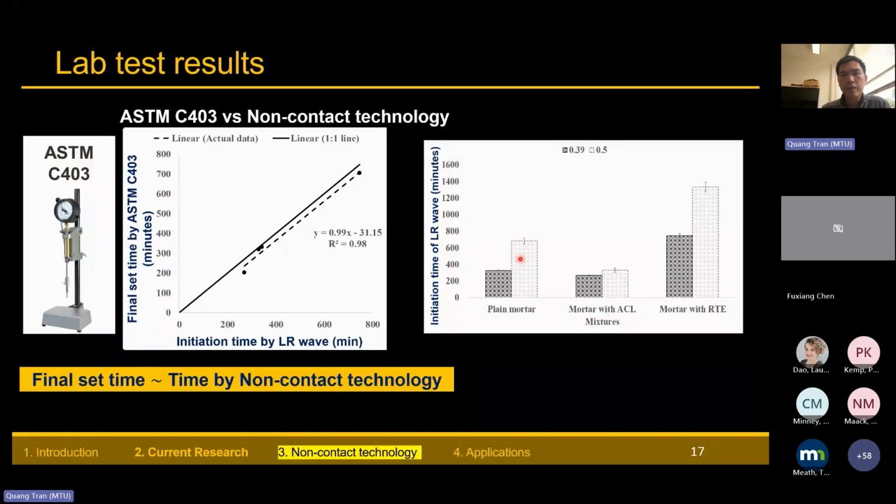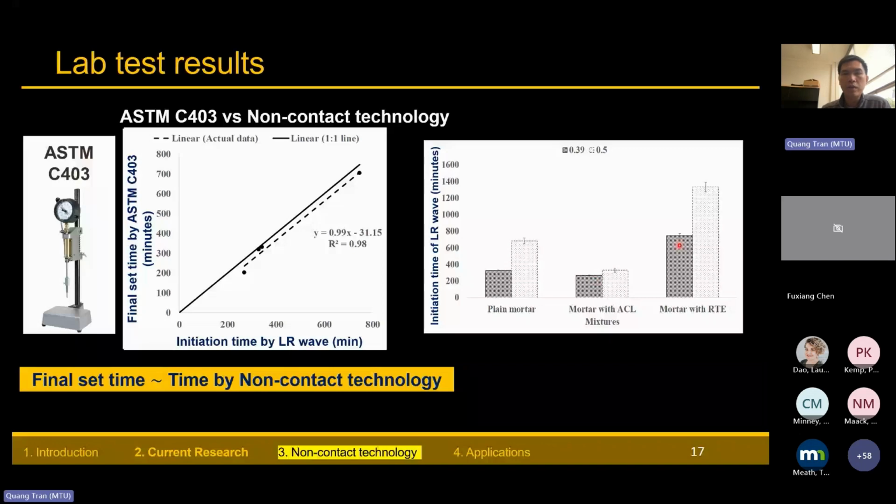This rule is correct for all the mixtures: the plain mortar, the mortar with accelerators, and the mortar with retarders. Another thing is the effect of the chemical admixtures also reflects here. Compared with the plain mortar, an accelerator reduces the set time, and when we use the retarder, it increases the set time.